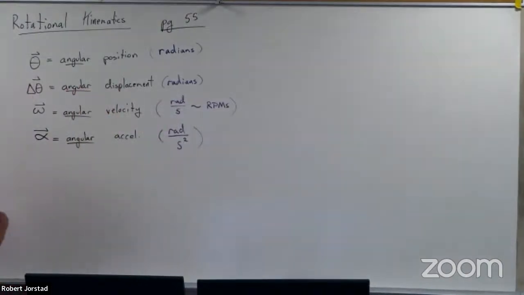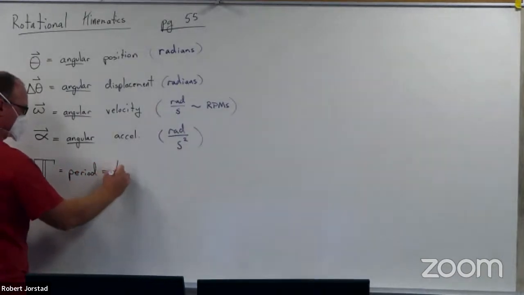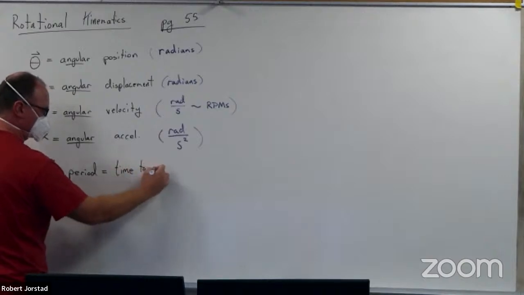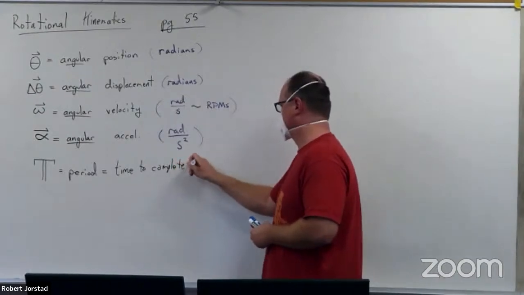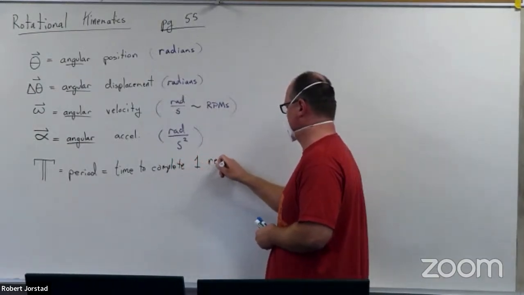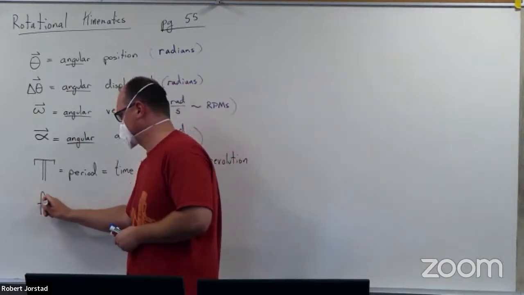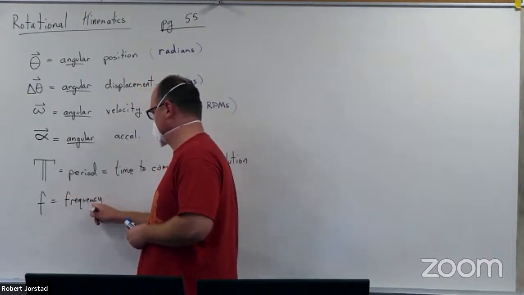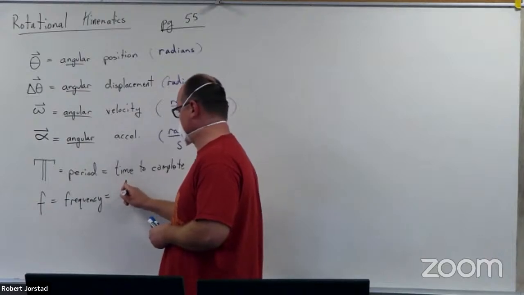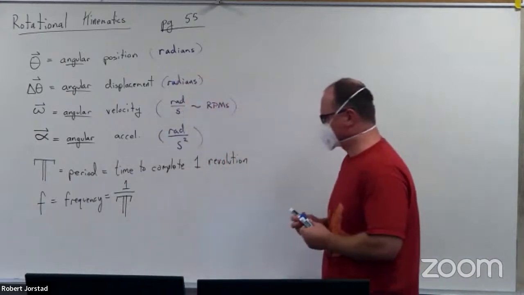I'll mention a couple other things here. Period is the time to complete one revolution. And frequency I'm just going to write as 1 divided by the period. Let's get the units.